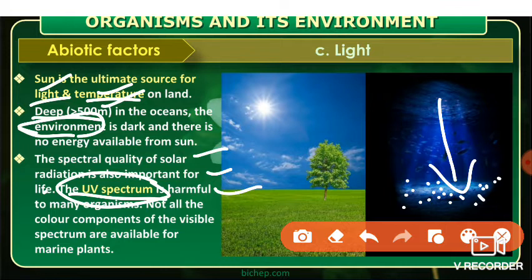Not all color components of the visible spectrum are available for marine plants. Whatever visible lights we are observing, those are not all available for the marine plants, because light will not penetrate like that.